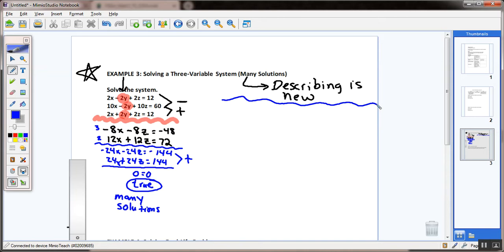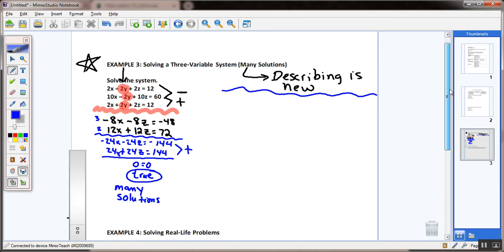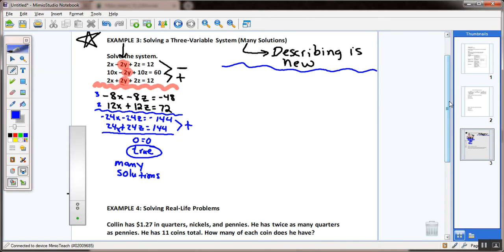So here's what I'm going to choose to do, kids. We've always done this right here with row 1 and row 2 to begin with. Now, when you get many solutions, here's a suggestion for you.